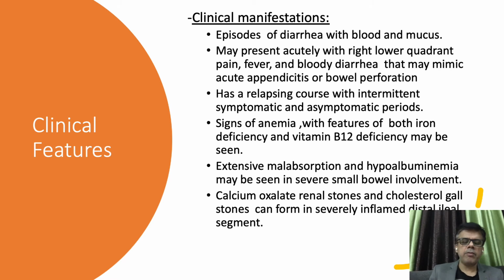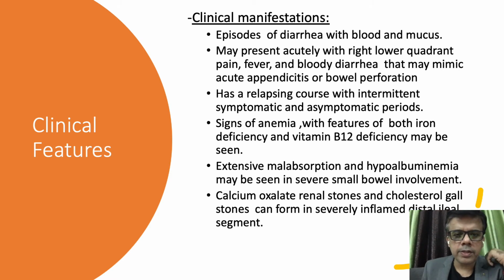The clinical manifestations include episodes of diarrhea with blood and mucus, and a relapsing course, usually with intermittent symptomatic and asymptomatic periods. Signs of anemia with features of both iron deficiency and vitamin B12 deficiency can occur, due to involvement of the ileum that leads to defective B12 absorption.